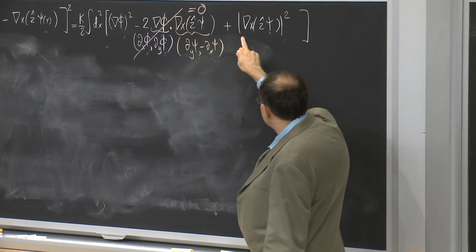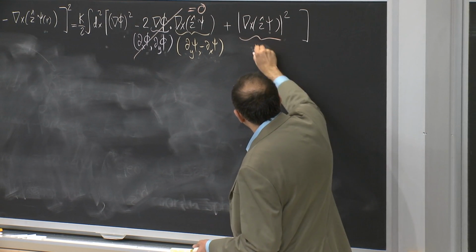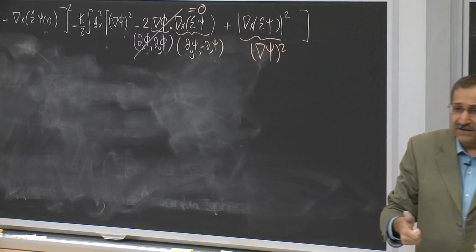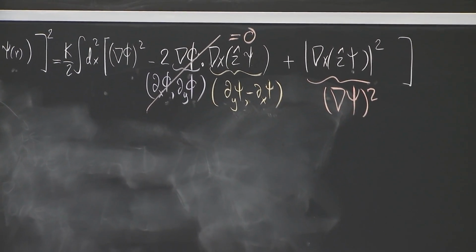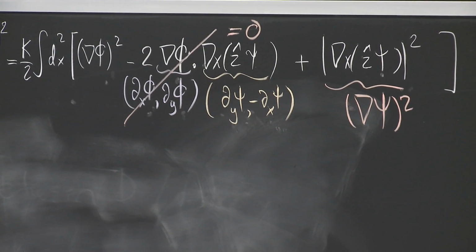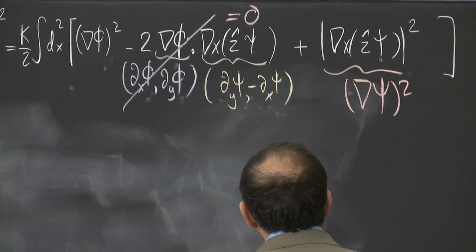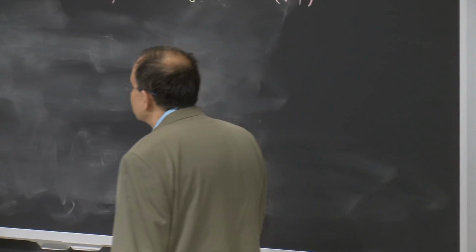So to all intents and purposes, this thing is the same thing as gradient of psi squared. Essentially, gradient of psi and curl of psi are the same vector, just rotated by 90 degrees. Integrating the square of one over the whole space is the same as integrating the square of the other one. Okay?